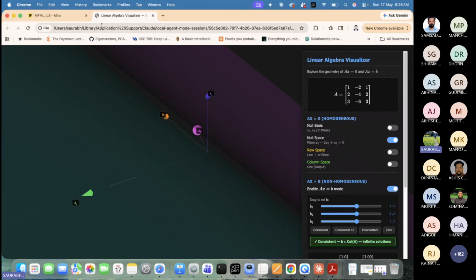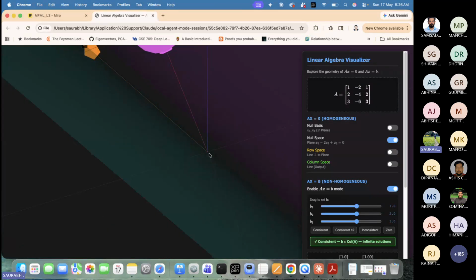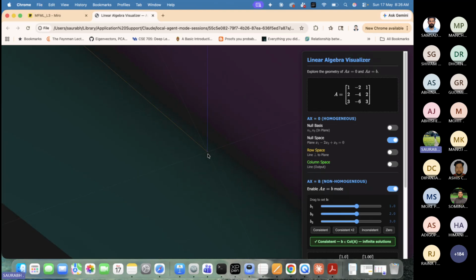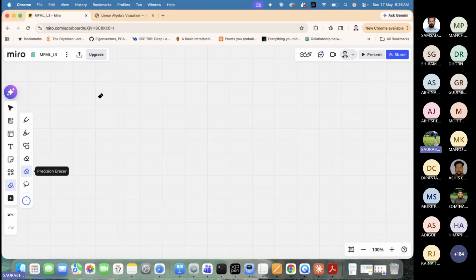Now, think about why the solution space does not pass through the origin while the null space definitely passes through the origin. If you see, this actually passes through the origin, but the solution space is shifted by an offset. Any equation that is non-homogeneous would be of this form: 2x + 3y = 10.